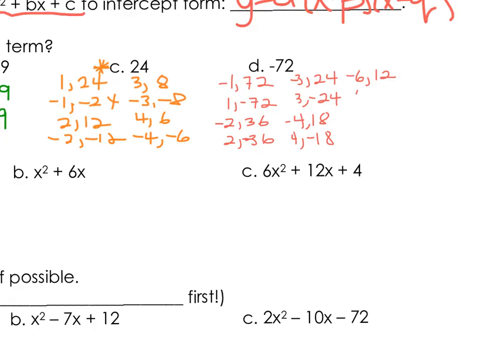Either the 6 could be negative or the 12 could be negative. 7 doesn't go into 72, but yep, 8 does. 8 times 9. If one's negative once, then the other one would be negative. There are that many choices to come up with factors for negative 72. And it's important to know all of your choices for what we do down below.